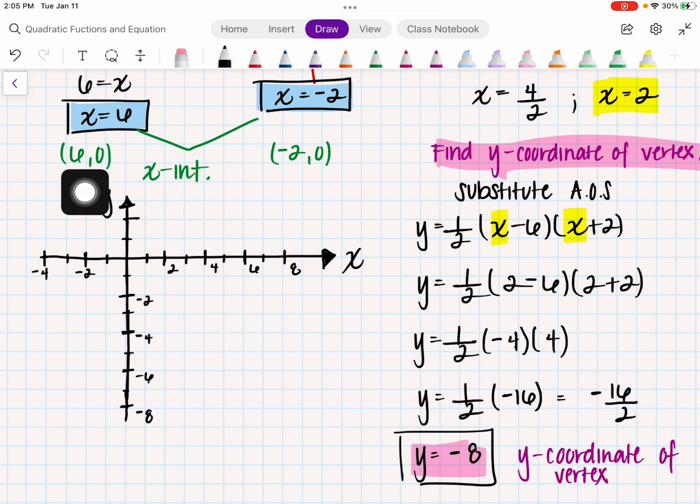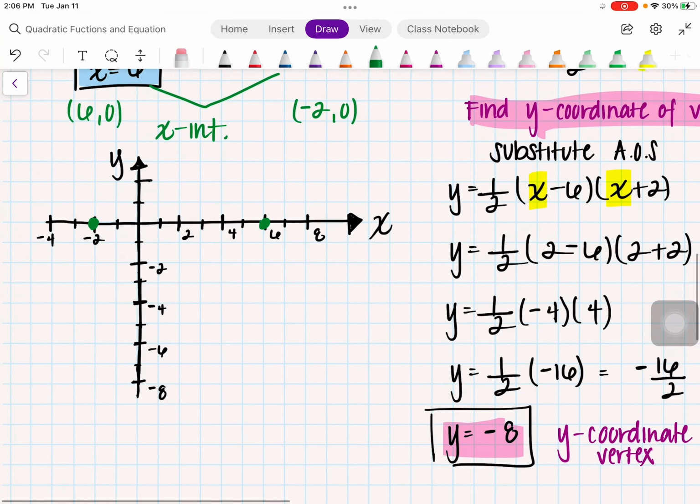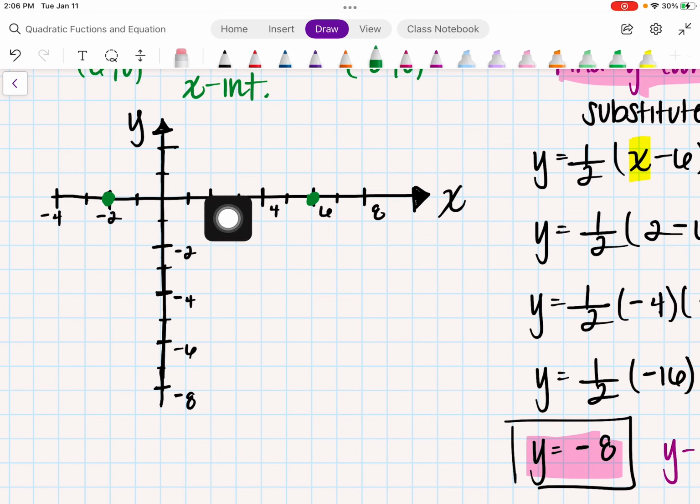All right, so first off, guys, I will be plotting my x-intercepts, which are the points 6 comma 0 and negative 2 comma 0. So I'll do those in green. So negative 2 comma 0 is here. 6 comma 0 is there. And our vertex is the point 2 comma negative 8. So 2, negative 8 down here.